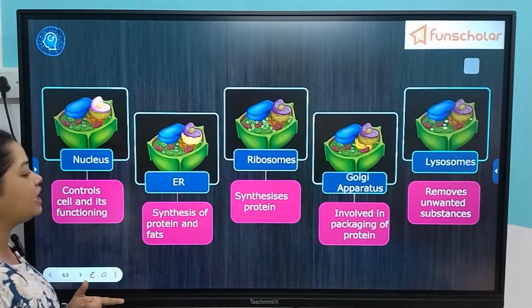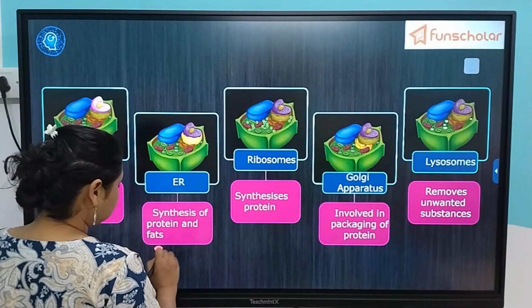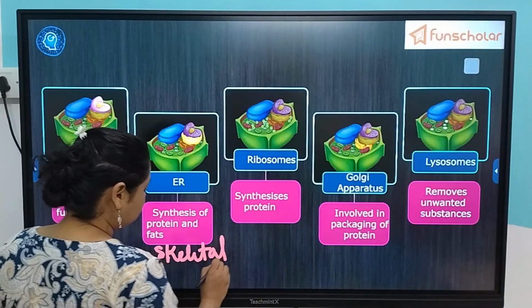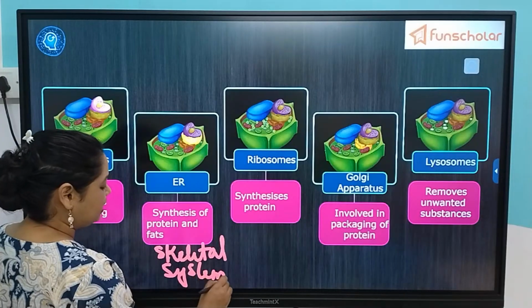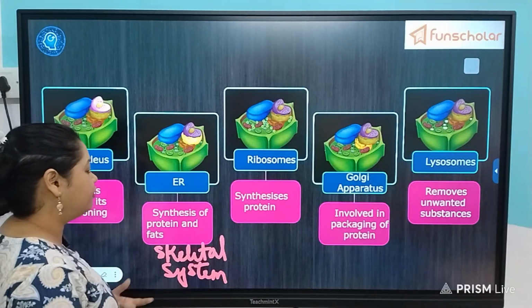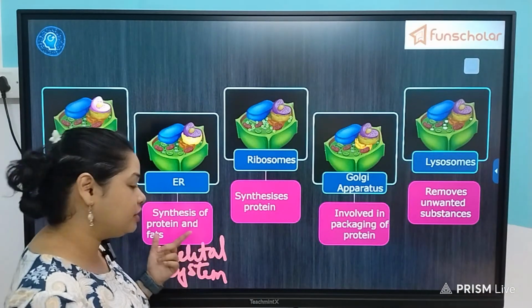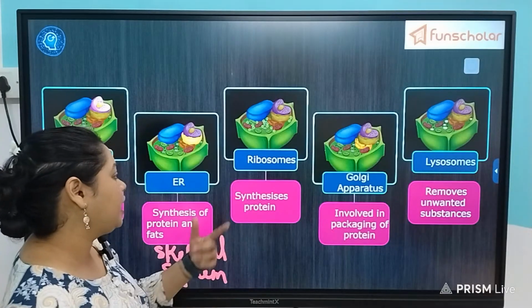ER is known as the skeletal system of the cell. Yes, ER is the skeleton, since it forms the skeletal framework of the cell. And we know they are involved in the synthesis of proteins, if it is rough endoplasmic reticulum, and of lipids, the smooth endoplasmic reticulum.